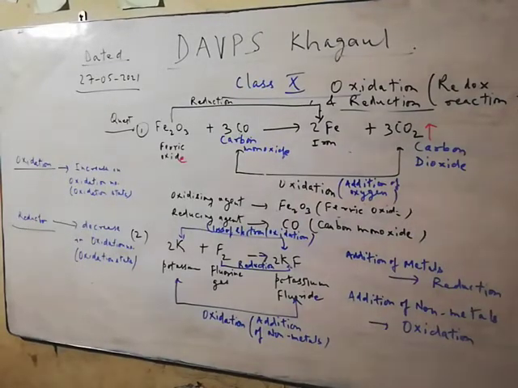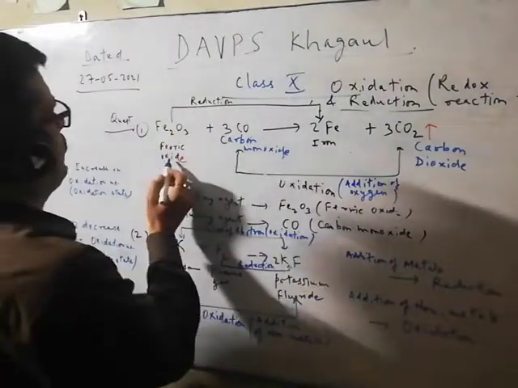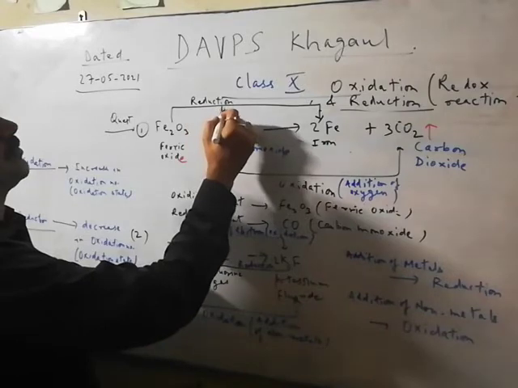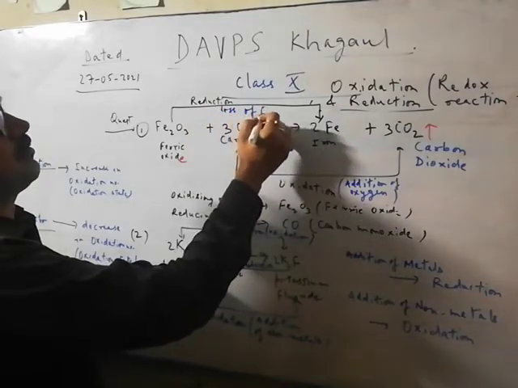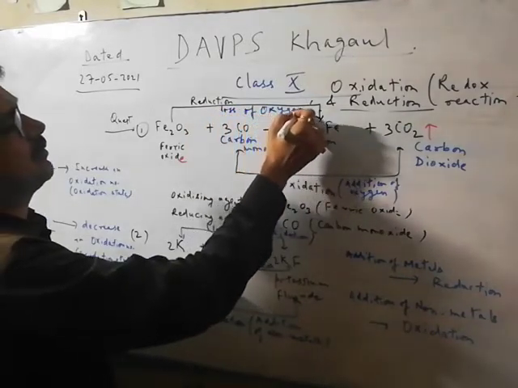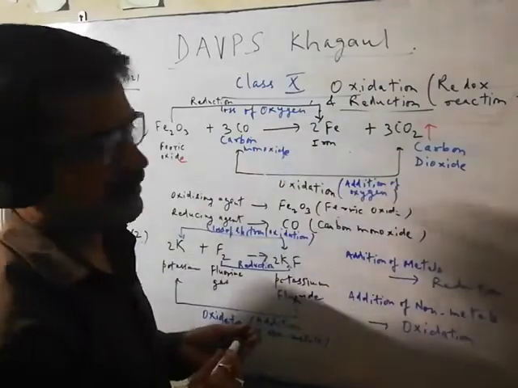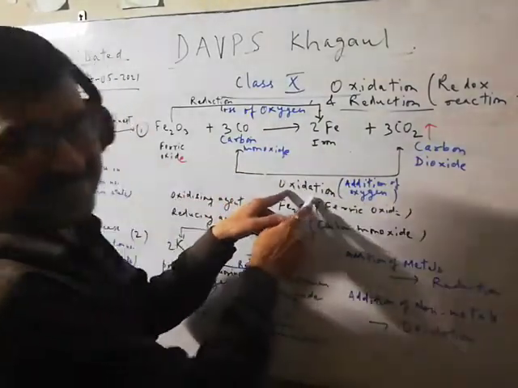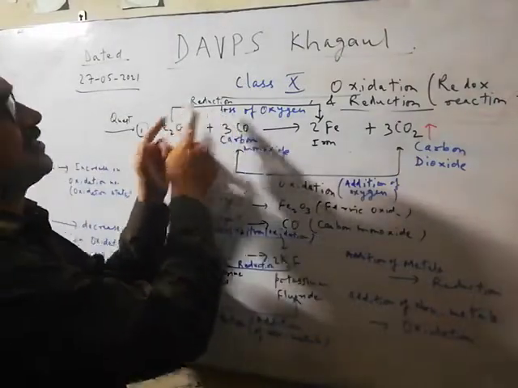So we can say that ferric oxide is being reduced due to loss of oxygen. So again, with oxidation, reduction is also there.